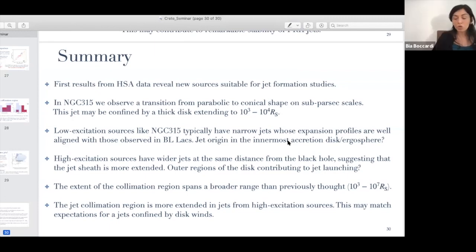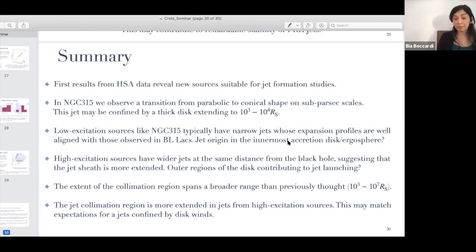Well, models of advection-dominated accretion flows predict that there are also winds at larger radii. But when I say that the sheath is narrow, I'm talking about the part of the jet which we see in VLBI observations. So I'm talking about the strongly magnetized and collimated wall which surrounds the central spine.